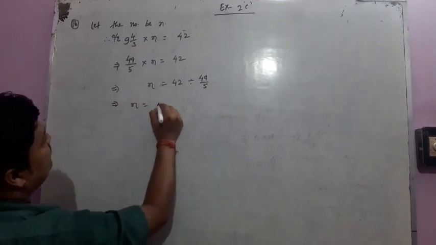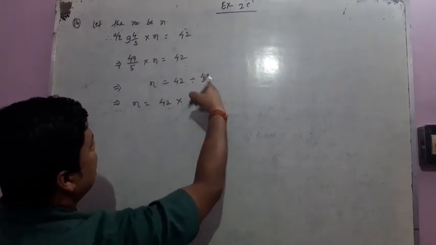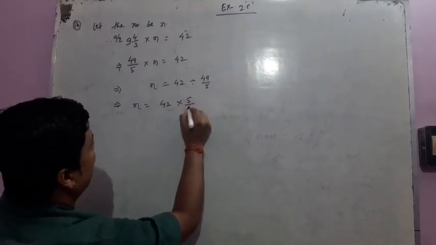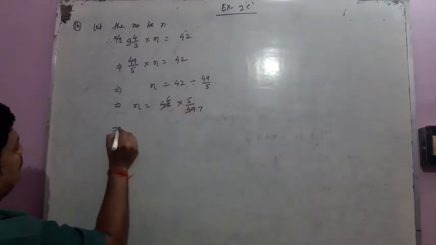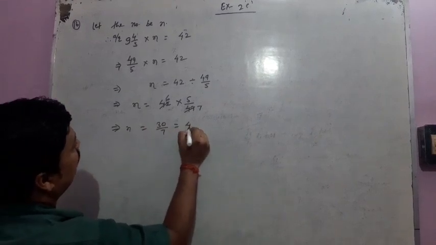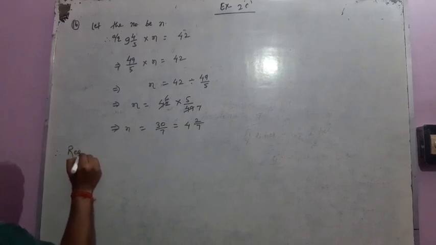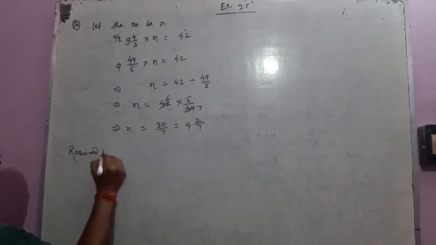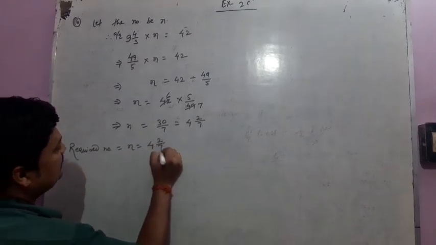Now this divide sign we are converting into multiplication, so the next fraction becomes reciprocal. 7 7s are 49, 7 6s are 42, 6 5s are 30 by 7, that is 4 whole 2 by 7. Therefore required number x is equal to 4 whole 2 by 7.